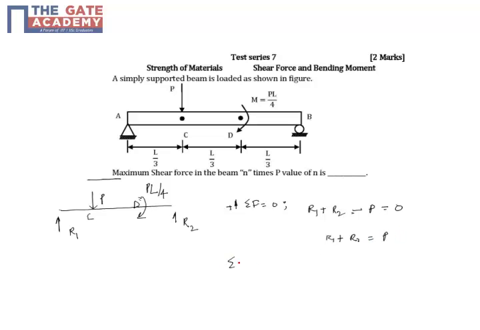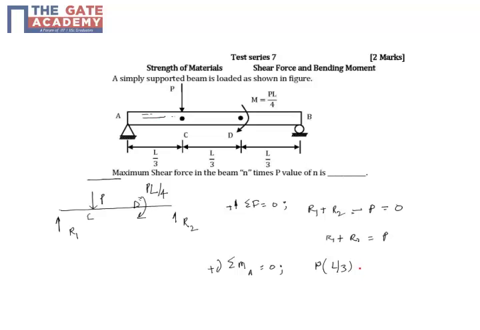Now the moment about any point is 0. We will take the left point A and compute the moment, taking clockwise moments as positive. P into L by 3 will produce a clockwise moment. If you assume a string attached between A and C, that string will be rotated clockwise.